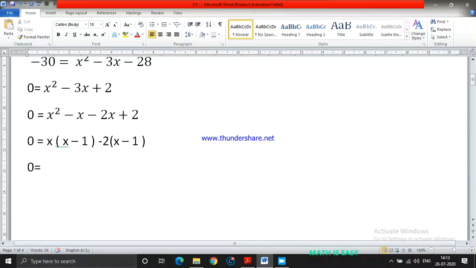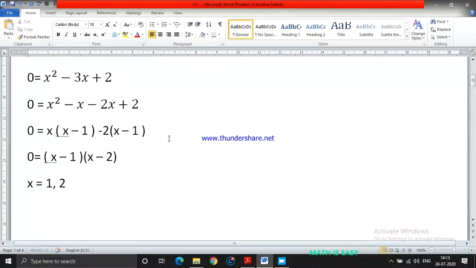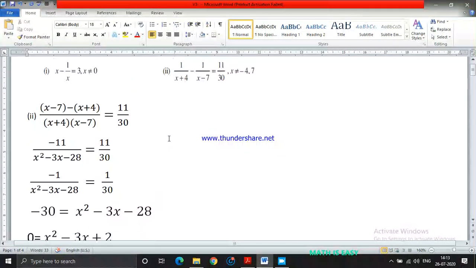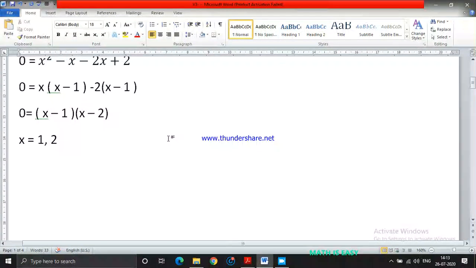So 0 equals to x minus 1 into x minus 2. If I simplify further, then I'll get x equals to 1 or x equals to 2. So the solutions of the given equation are x equals to 1 or x equals to 2.